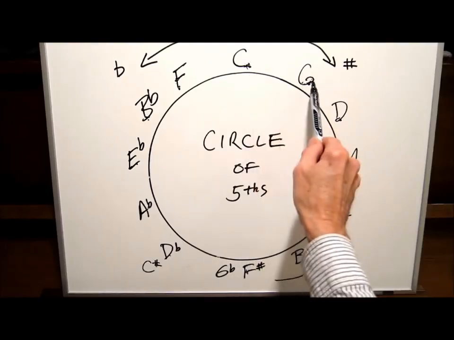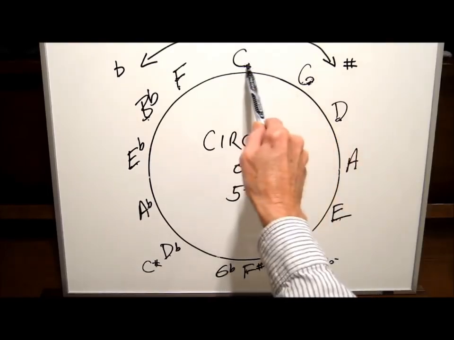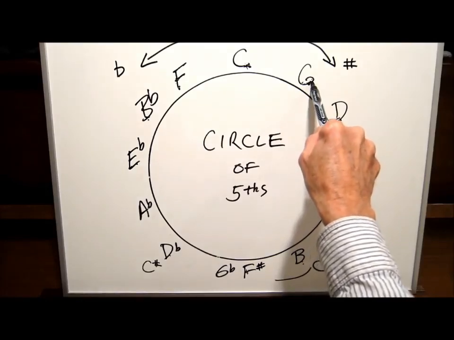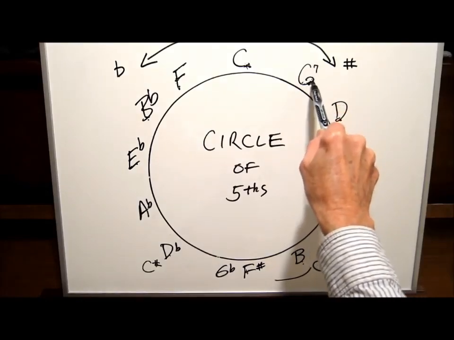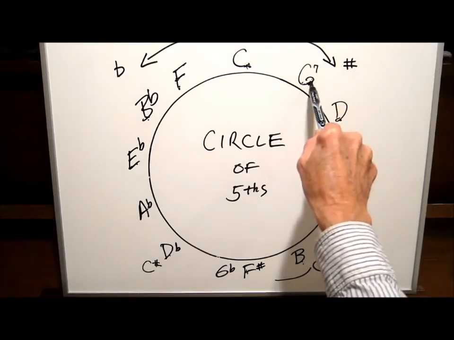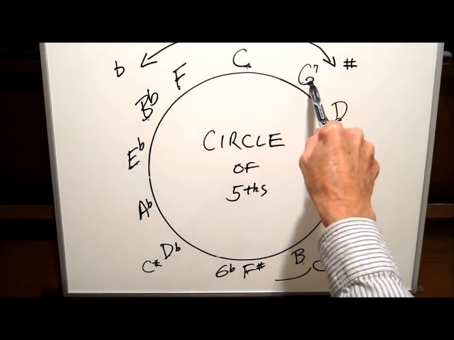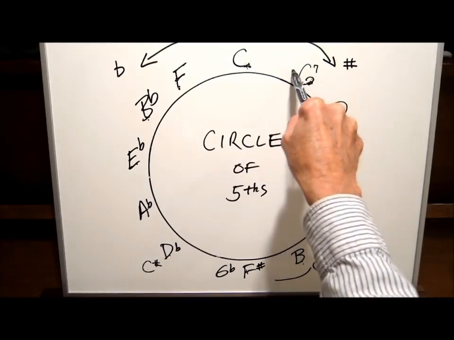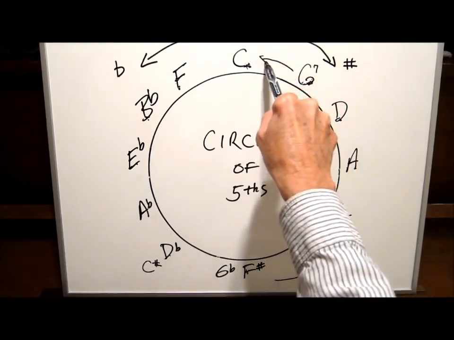This becomes the 5th step of C in the scale. And if we define it in terms of a chord, it becomes a G7 or G dominant 7th. Now that G7 has the tritone in it that I talked about. That tritone is creating tension that wants to resolve to C.